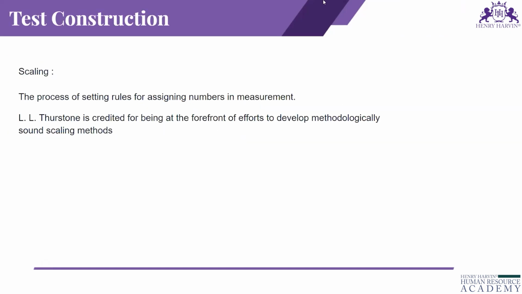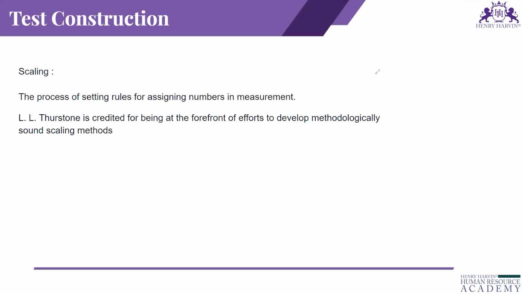So the test construction, we are going to construct it. So the process of setting rules for assigning numbers in the measurement. Okay, that will be scaling 1 to 5, like that. So different tests again will have a different scaling method.